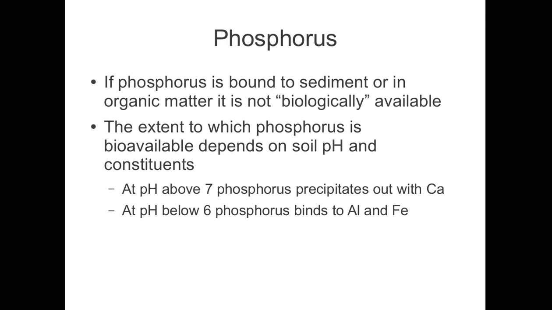When it binds with aluminum and iron in the soil, it is not biologically available to plants. So the optimum soil pH for phosphorus to be widely available is usually between 6 and 7. You can go outside of that range a bit and be okay, but you're starting to lose some of your phosphorus.